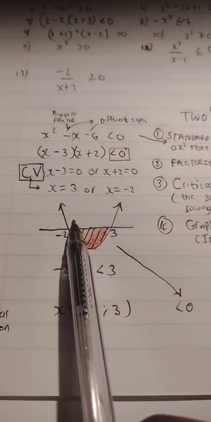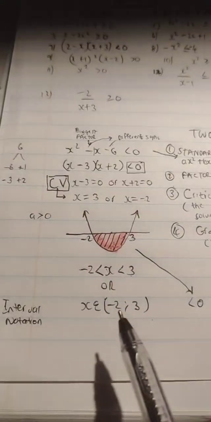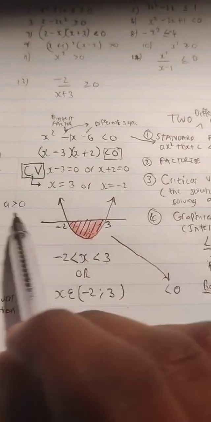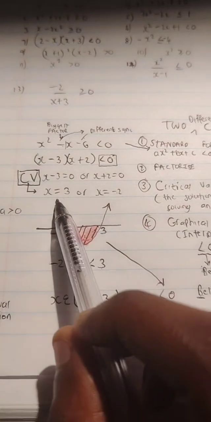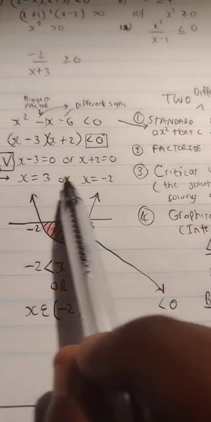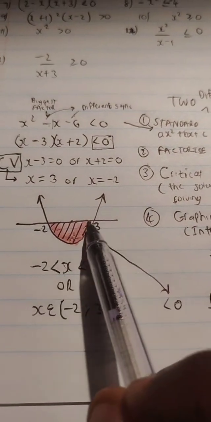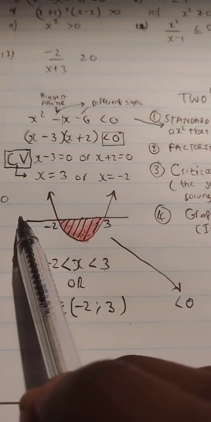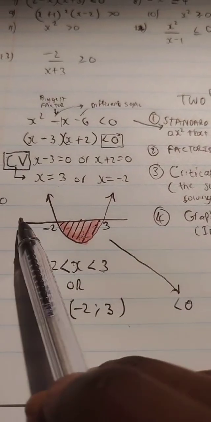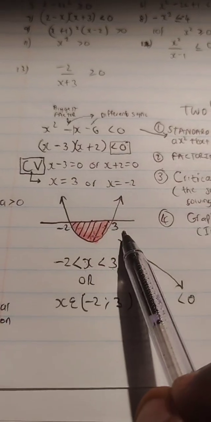So we can freely draw a concave up graph because of the a value that is greater than 0. We smile most when the a value is greater than 0. The coefficient of x squared is positive. Concave up. Then we represent the critical values. Small critical value first, big critical value next, because on the x-axis number line, we write the smallest and the biggest next.